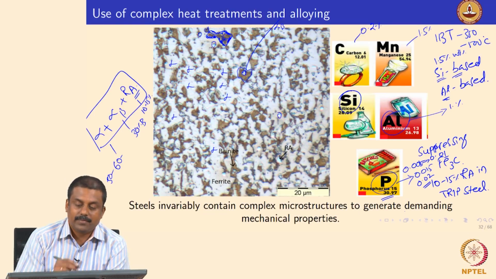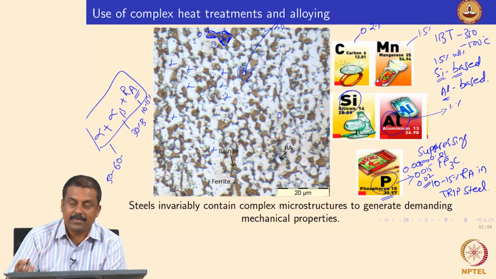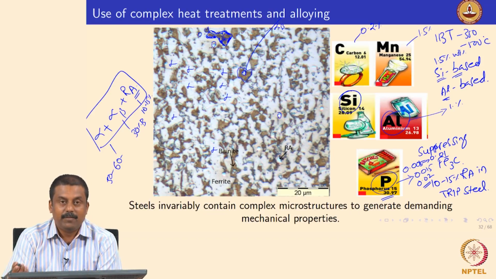Now the question arises: we have a very high amount of alloying elements, phosphorus, aluminum, silicon, all added to get such a microstructure. When you do welding, we cannot control the thermal cycle as we do here. Welding has one thermal cycle, and we cannot hold isothermally for a long time in a production process. In automotive industries, time is money.